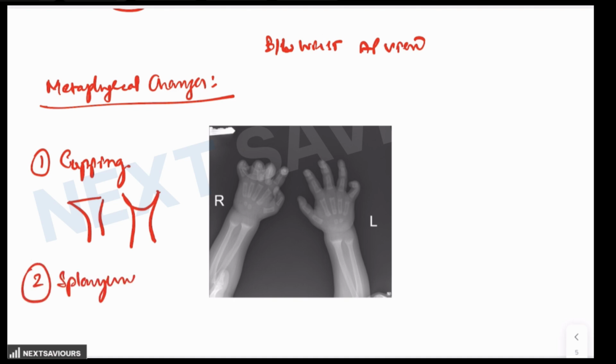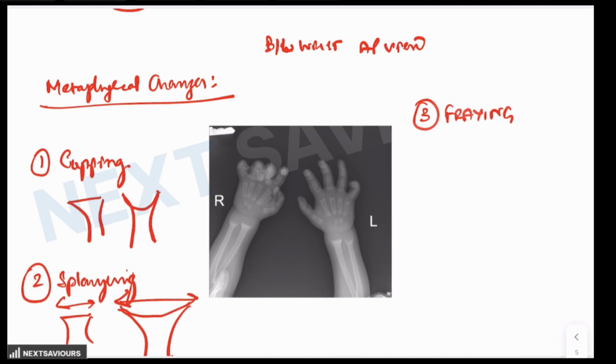Normally there should be a maximum diameter of this much in a metaphysis, but here it will be widened. And then finally, there will be metaphyseal fraying, which means there are irregular borders at the end of the metaphysis instead of a normal plain border. So an X-ray of the wrist, bilateral AP view, is essential in order to make the diagnosis.